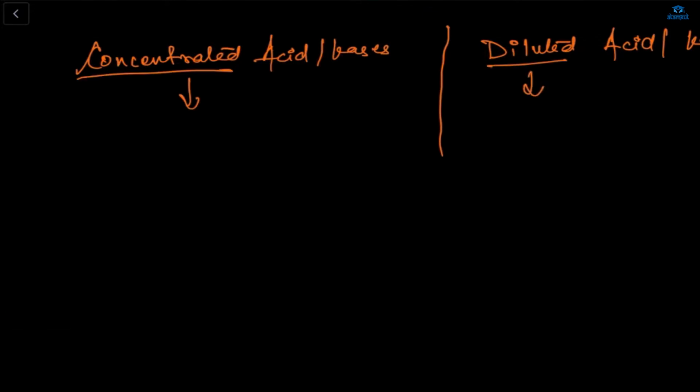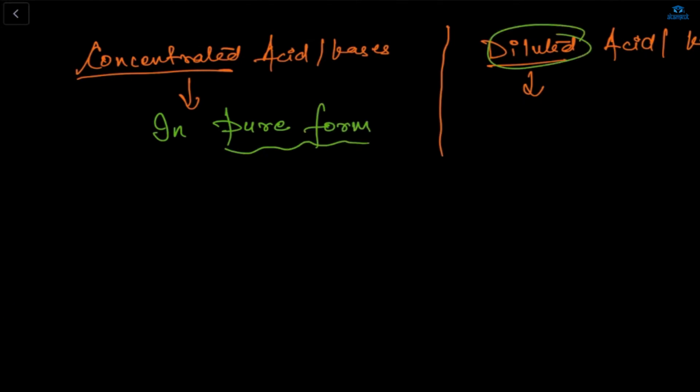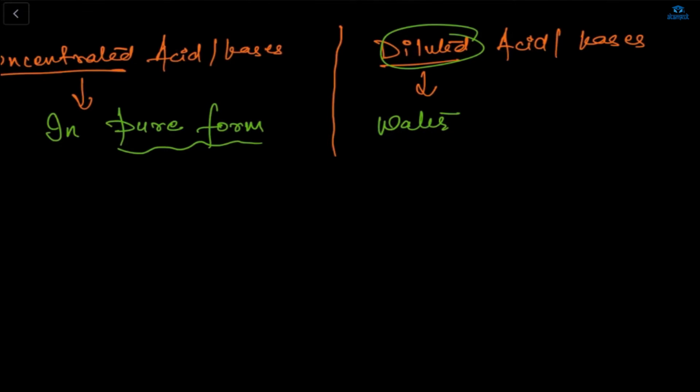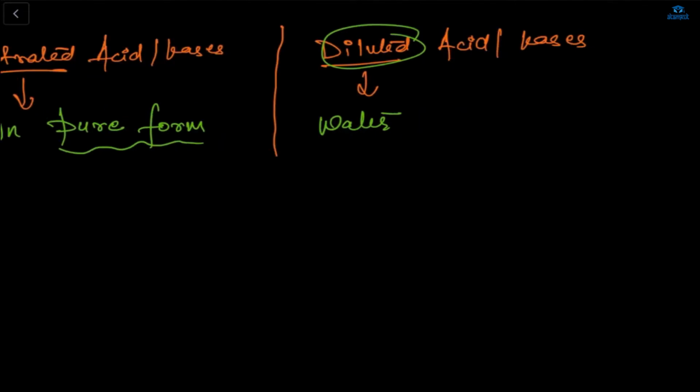See, concentrated means in pure form. Your acid and base will be there in a pure form. Diluted means water is added or mixed in your acid and base. The diluted form is not a pure form.